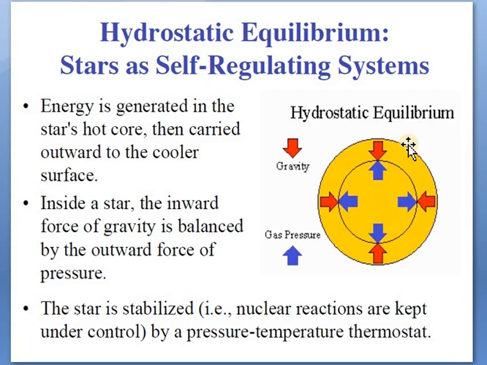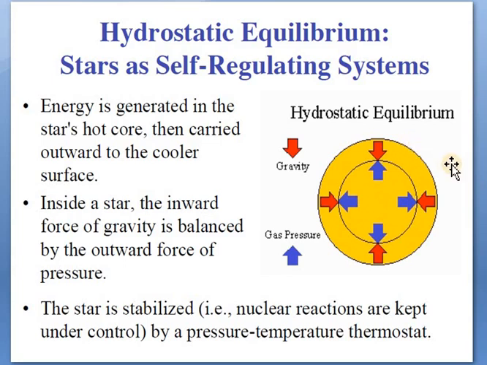Also do know that the star is stabilized and kept under control by the nuclear reactions as well. If there had been no nuclear reactions, then the stars would have started to shrink under the effect of the gravitational force.